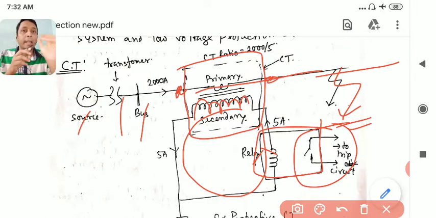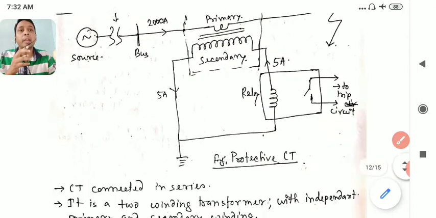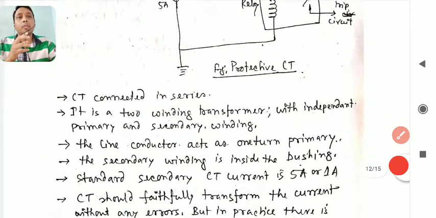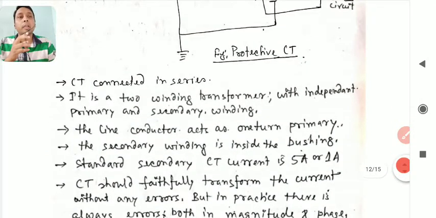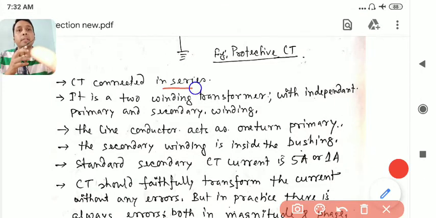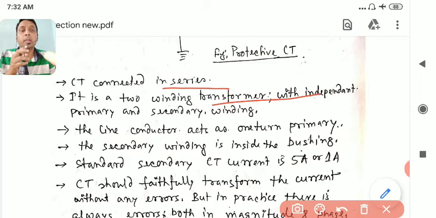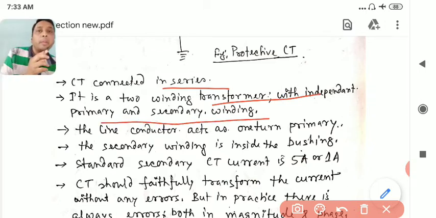There is a slight difference between a normal transformer and a CT. The CTs are connected in series. It is also a two-winding transformer with an independent primary and secondary winding, not like an auto transformer where it's the same winding.